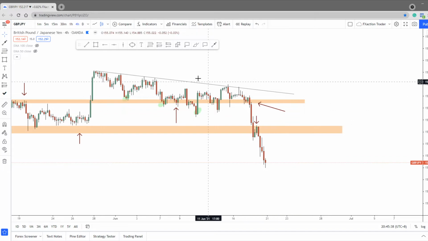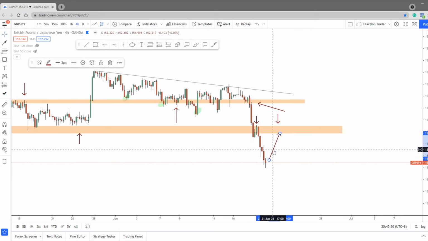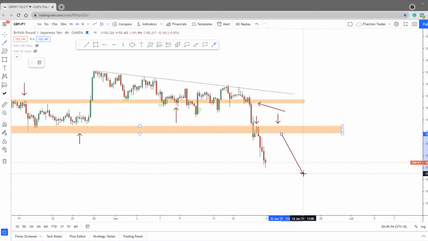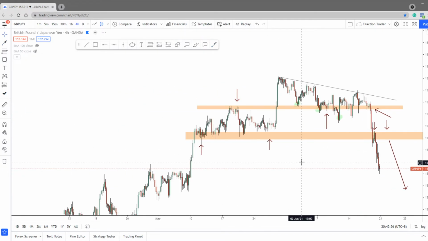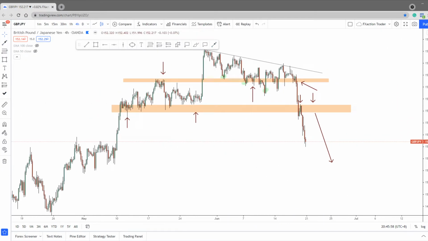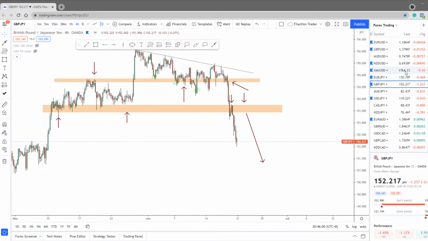So this week, we are going to wait for a pullback. When market retests this zone, we will have a double top structure being formed on H4, and we can scale down to the H1 time frame or even lower to look for a potential sell entry. So basically we are on a sell trade for this week.